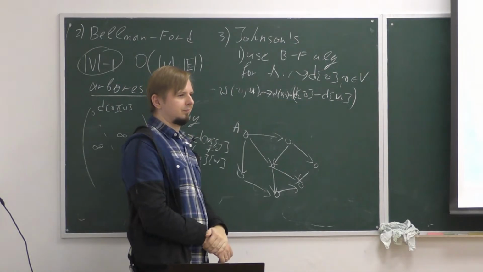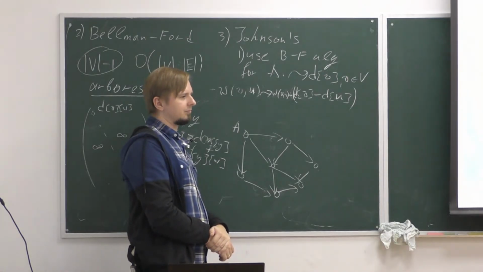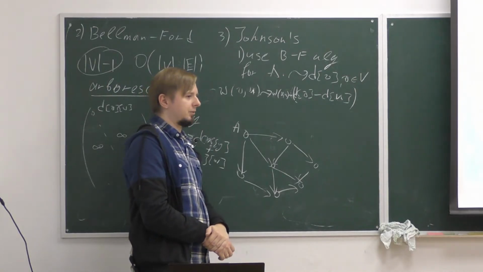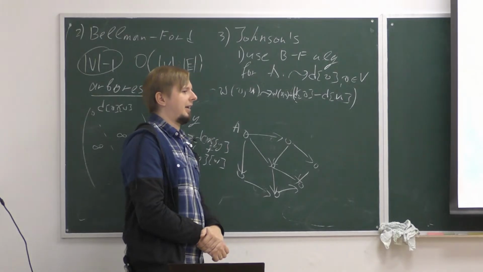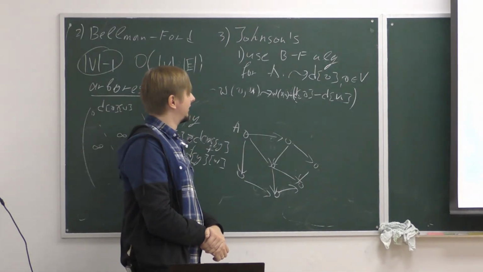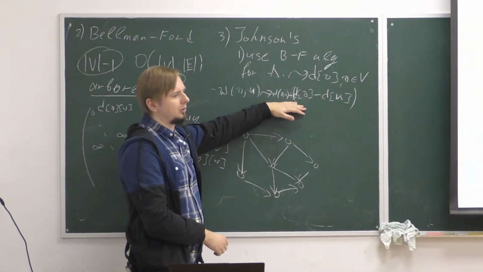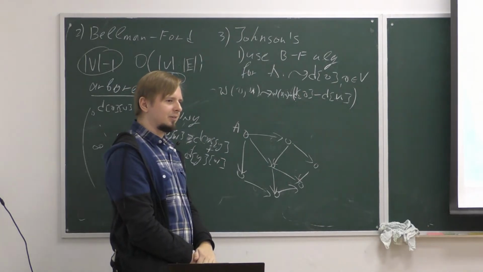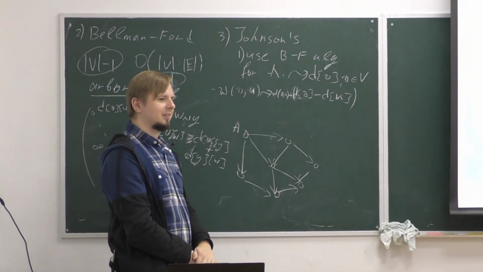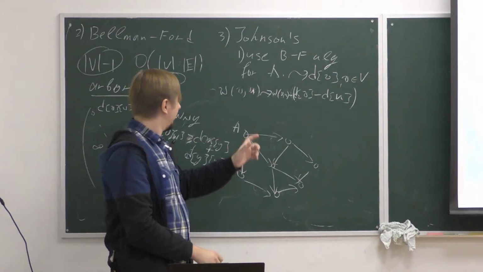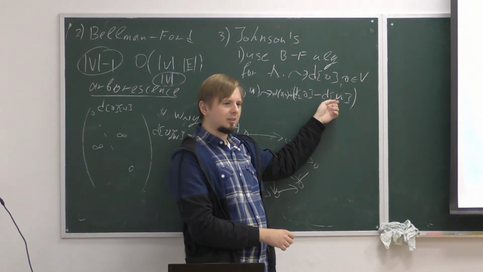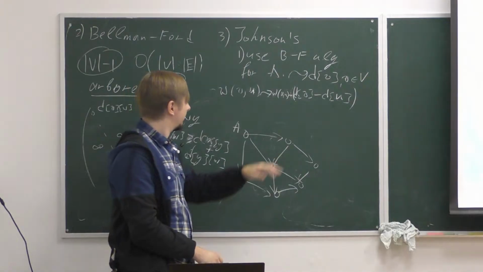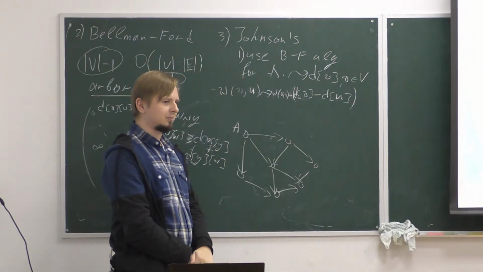Yes, if it is in the arborescence. And what will be the new weight between these two vertices, if vu is an edge of this spanning arborescence? d(v) minus d(u).